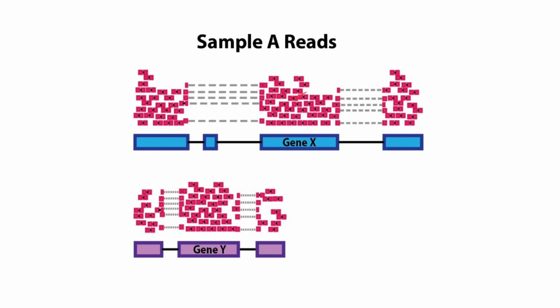Because we have a longer gene here, more reads can be aligned to it. So the gene length should be considered. We can divide by the gene length for a more direct comparison.